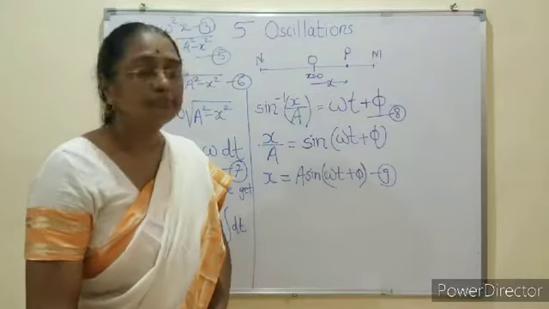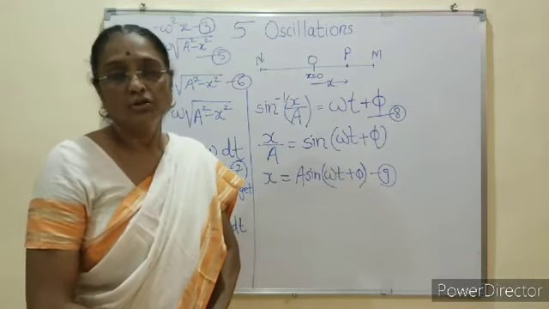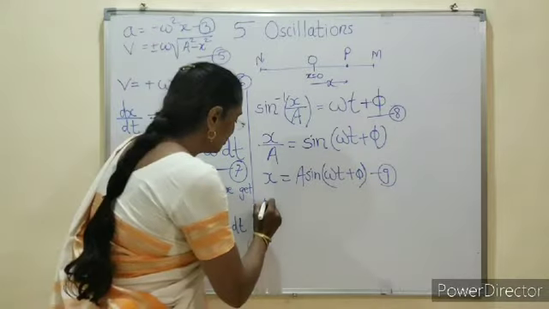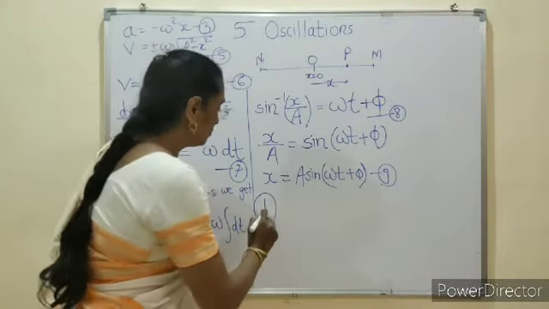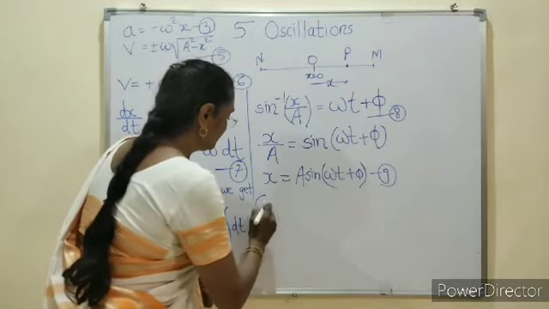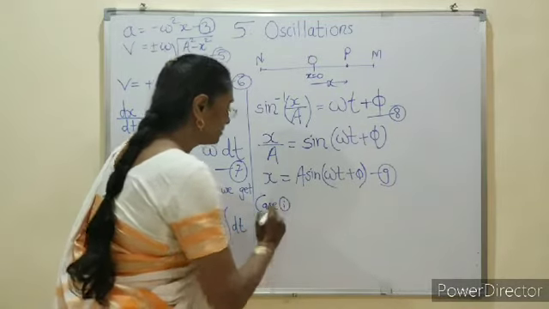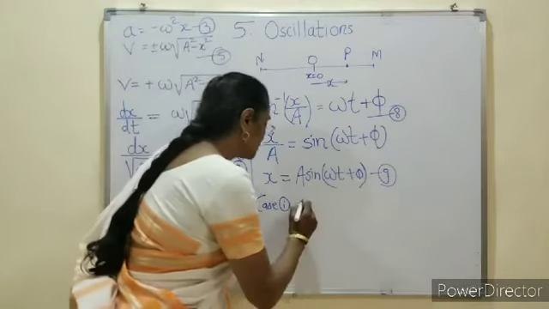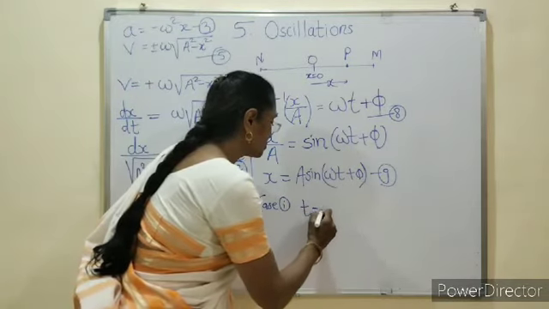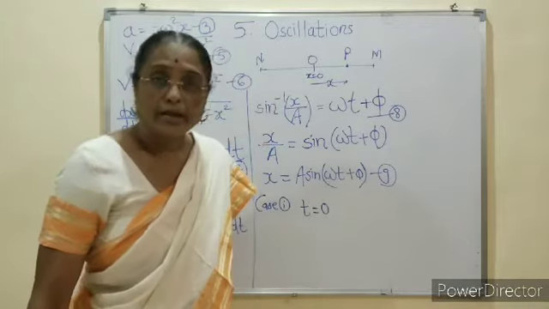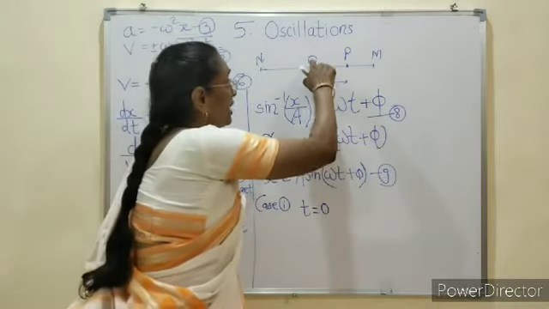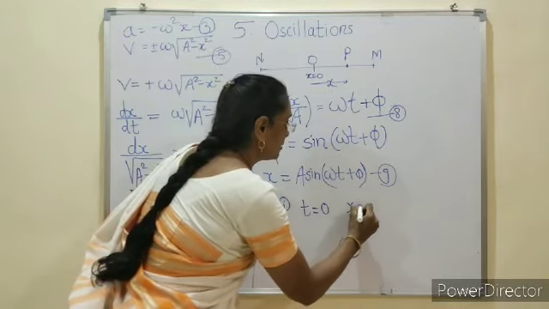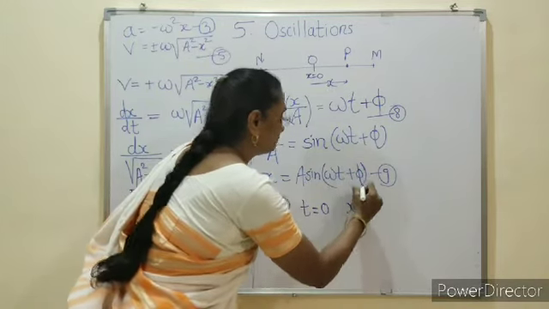In this derivation we have to discuss two different cases. So the first case is that when we start our observation, that means time instant is 0, and the particle is at O, meaning displacement of the particle is 0.